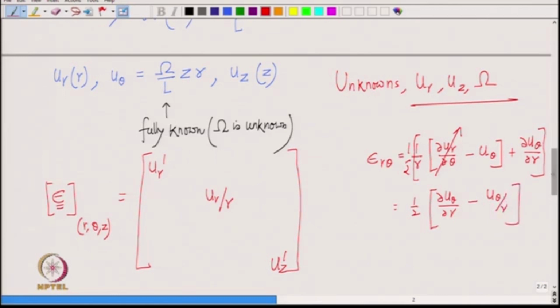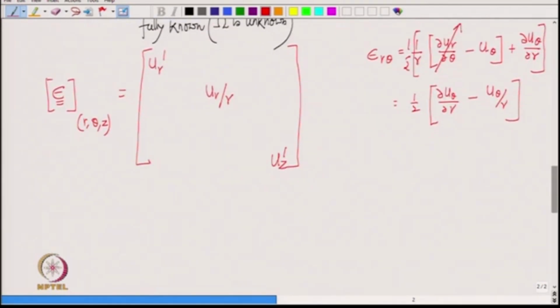Let us plug in the formula for u theta here. We know that u theta is omega by L into Z into r. So, del u theta by del r is omega by L into Z, which is also equal to u theta by r.